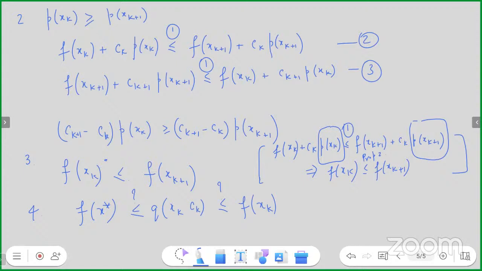Q is an artificial quantity. F of xk and f of x star. For any xk, this is the statement I want to write.